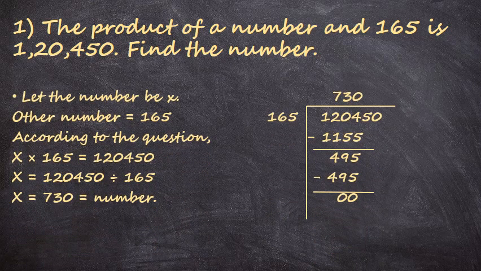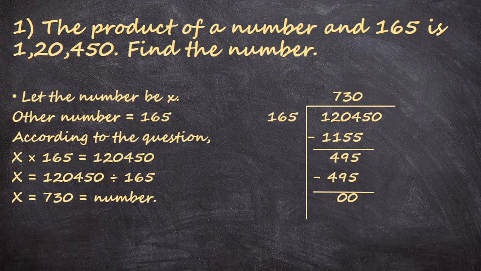Let the number be x. The number which we have to find out, just assume that number to be x. Another number is 165, which is already given in the question. Now, according to the question, x multiplied by 165 is equal to 1,20,450.